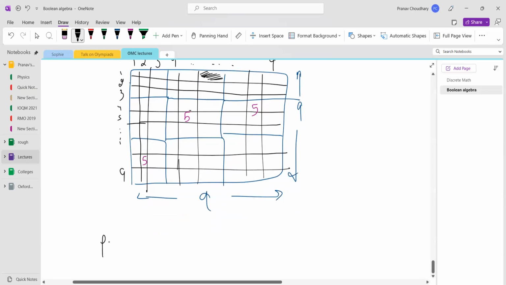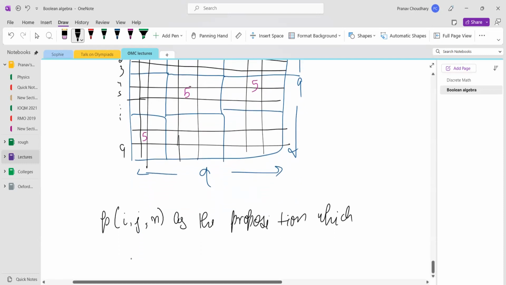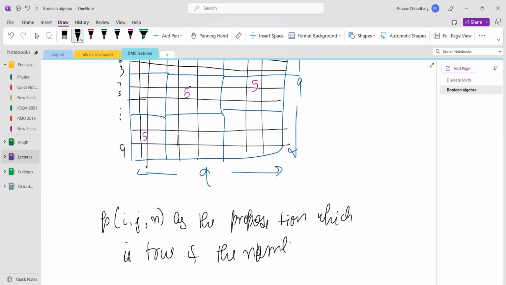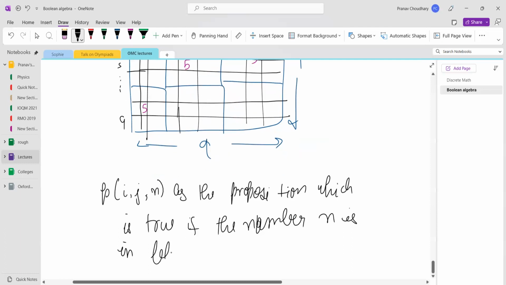Then we can define the propositional variable P(i, j, n) as the proposition which is true if the number n is in block (i, j). I think this is what Shivang meant.